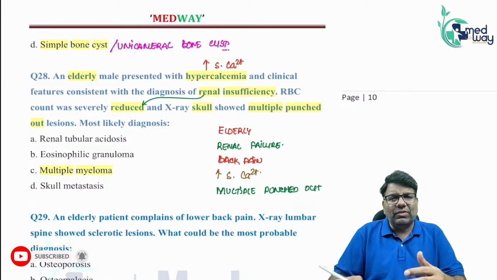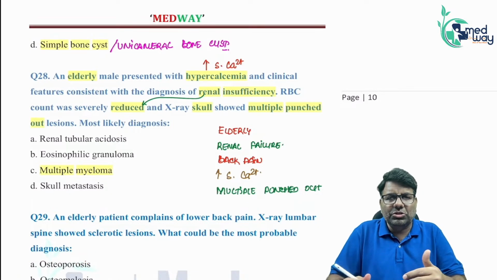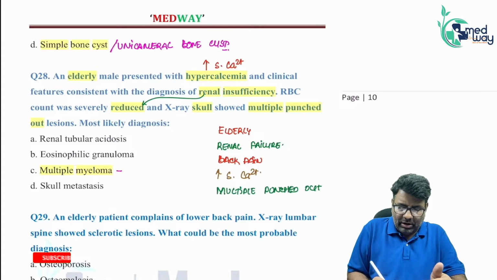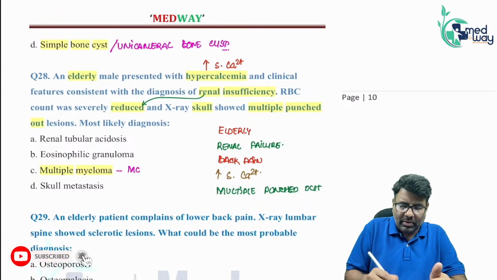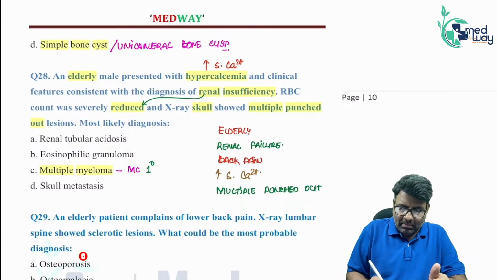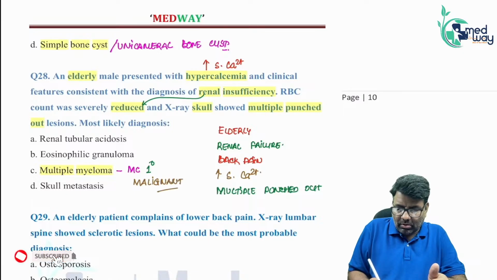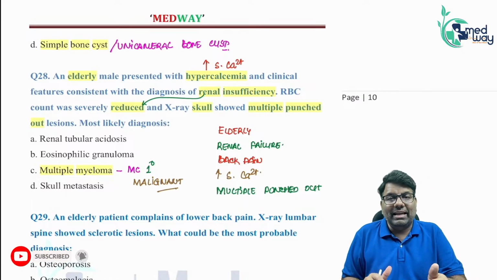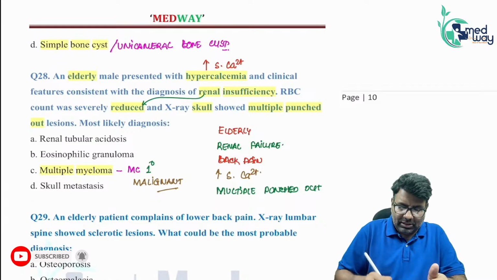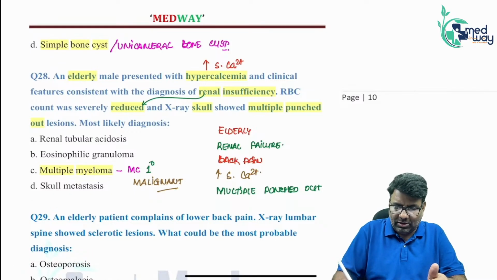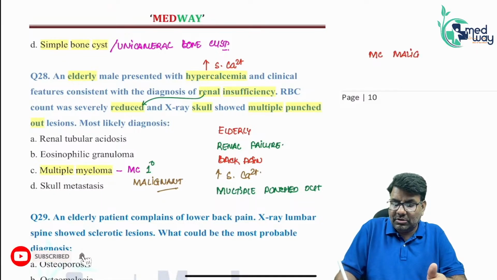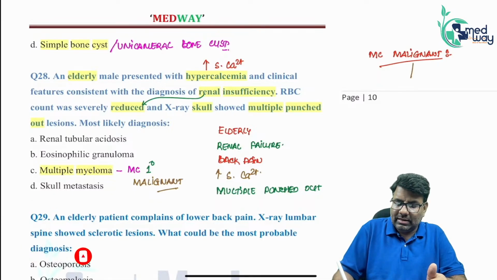And as far as oncology of the bones is concerned, we call it the most common primary malignant bony tumor. Yeah, most common primary malignant tumor. Because if I just skip the word primary from here, and if I say most common malignant tumor of bone, then the answer will be secondaries.